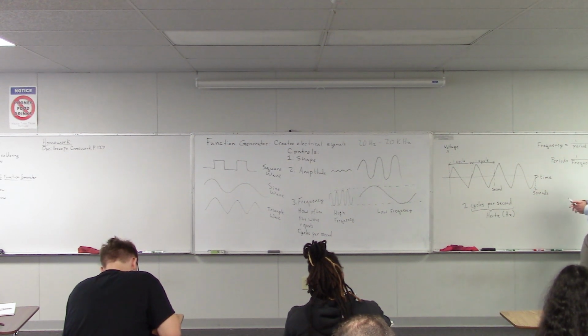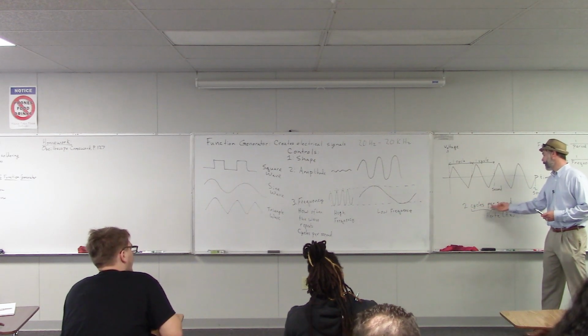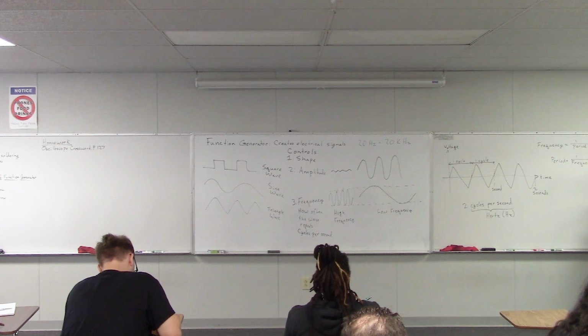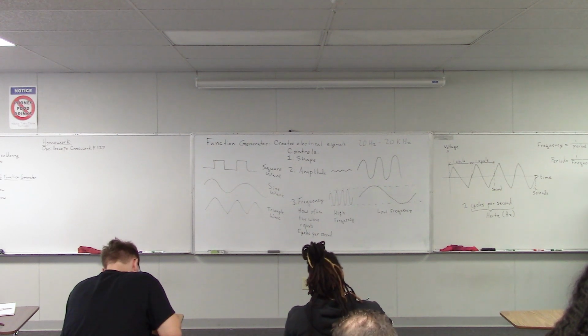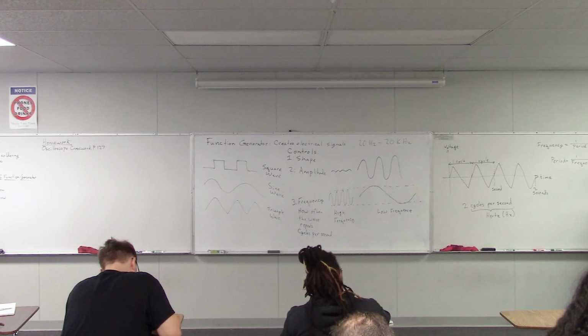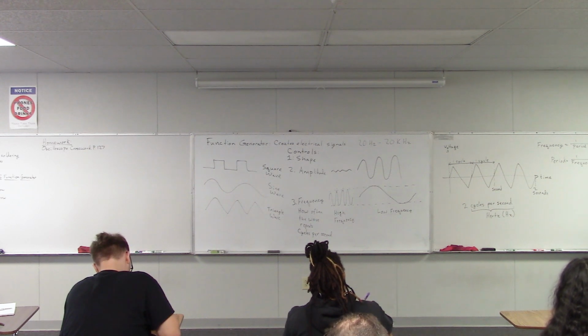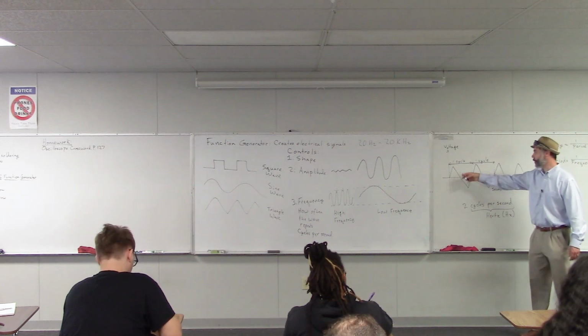So let's see how that works here. We said that the frequency here is 2 cycles per second, or 2 hertz, so we could calculate the period. In this case, it would be 1 over 2 hertz. So that's just 0.5 seconds. And you can see that's true on the graph here.